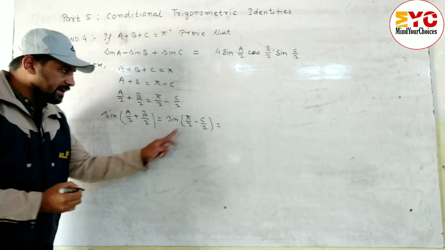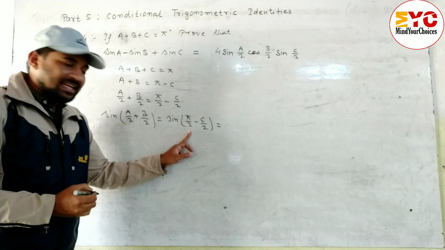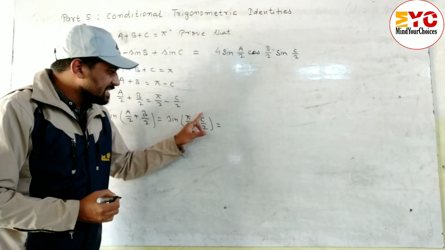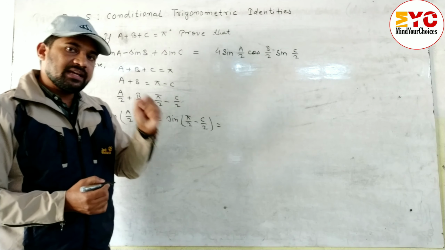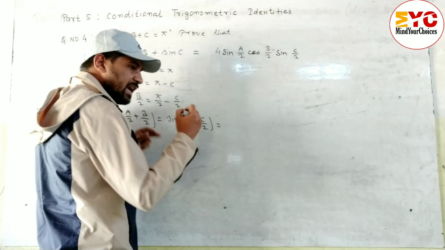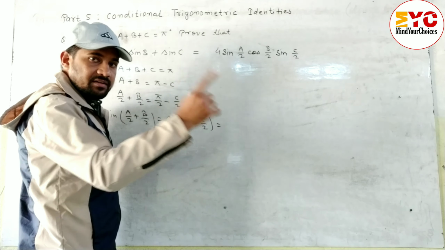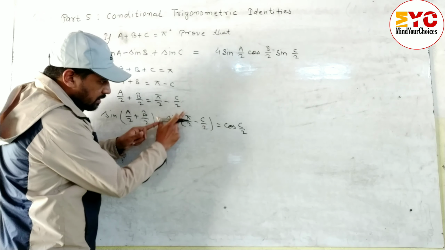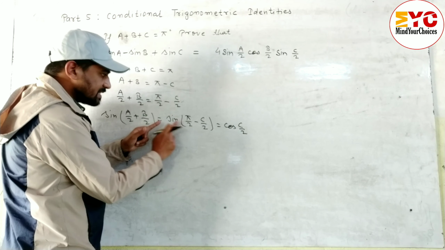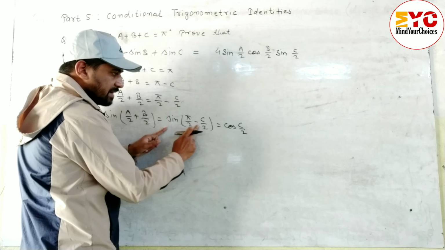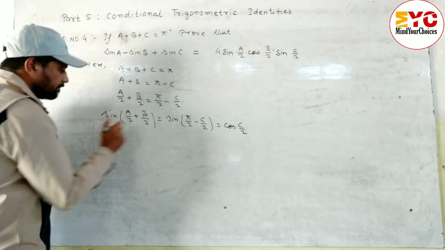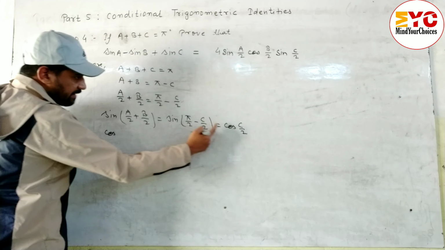Now pi by 2 means 90, and with 90, sine converts into cos. 90 minus C by 2 means first quadrant, and in the first quadrant every trigonometric ratio is positive. So we can write cos C by 2, with a plus sign only. If it were negative, then only we would write minus.